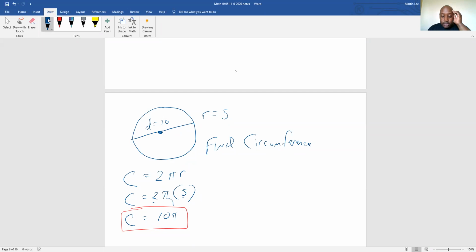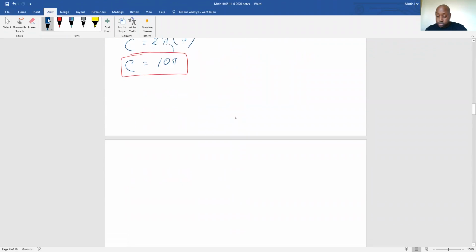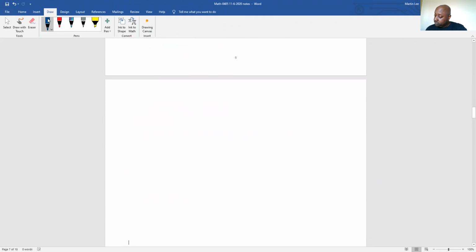Here we got one more problem where we have to find the shaded region, and then a couple of problems with Pythagorean theorem, and that'll be it for today. Suppose you have something like this.